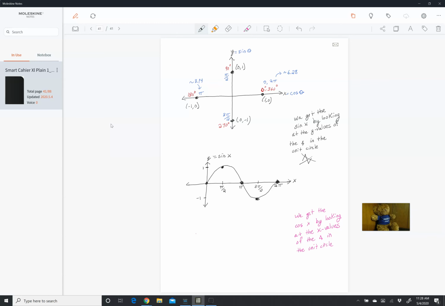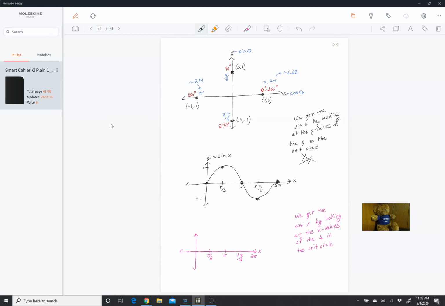So we're going to do the graph again. We're going to use the same exact angles because we know the cosines of those angles. So we're going to look at 0, pi over 2, pi, 3 pi over 2, and 2 pi.